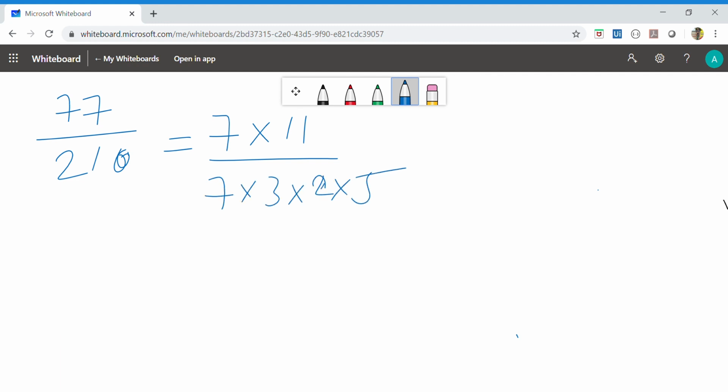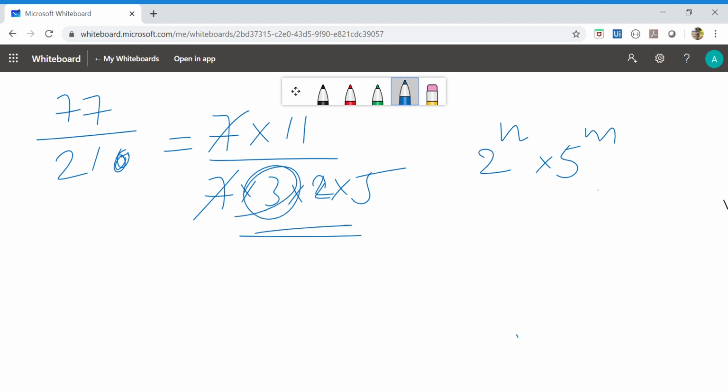So 7 gets cancelled, and we get 11 by 3 into 2 into 5, whose decimal expansion is a non-terminating repeating decimal, because the denominator is not in the form of 2 to the power of n into 5 to the power of m. An extra 3 is there, so its decimal expansion is not terminating. It is a non-terminating repeating decimal.